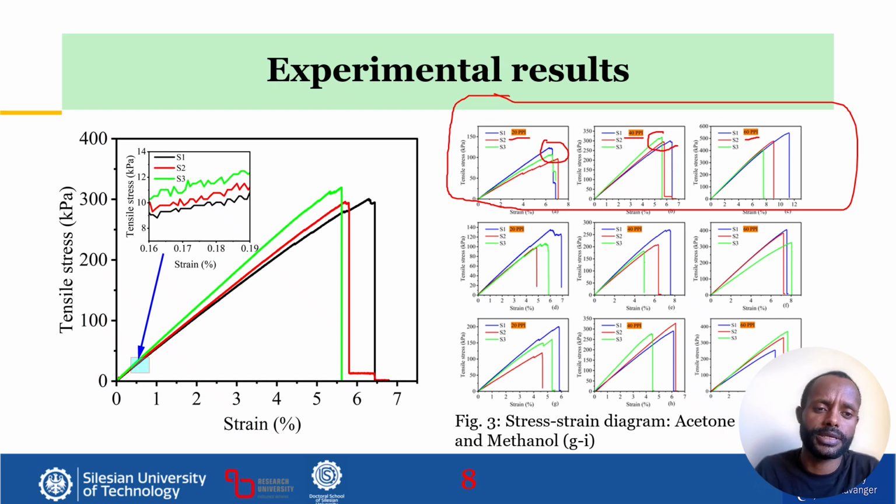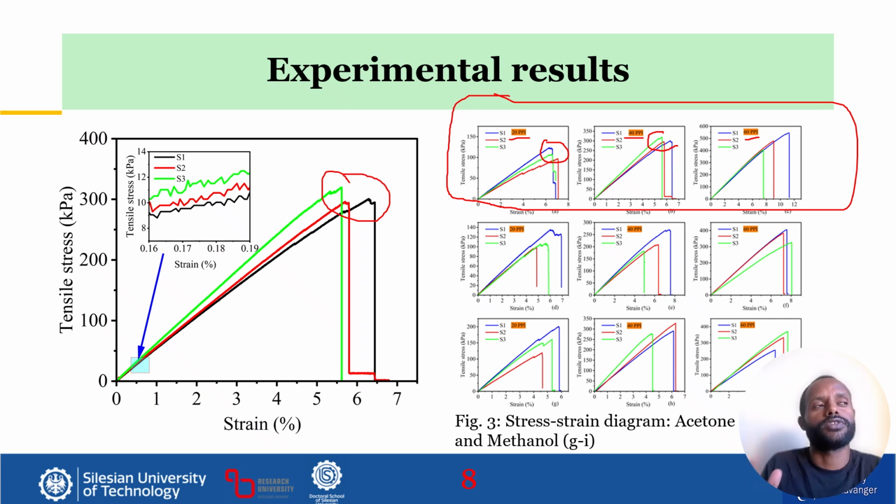What does this peak and valley mean? This valley indicates that the weakest cell failed first, and the load transferred to the second cell. After that, the second cell also failed and transferred the load to the other cells, and lastly we get the fracture of the specimen.